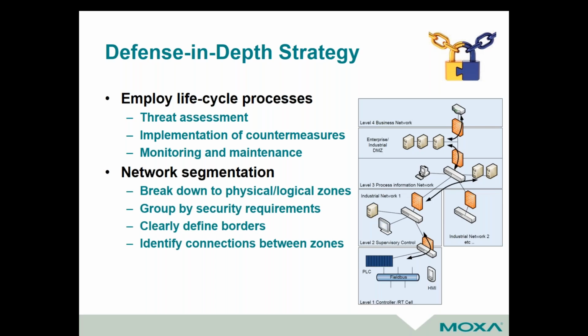At the systems design and integration stage, there's also a lot that needs to be done in terms of network segmentation. By compartmentalizing what happens on your network, you can keep data from escaping.